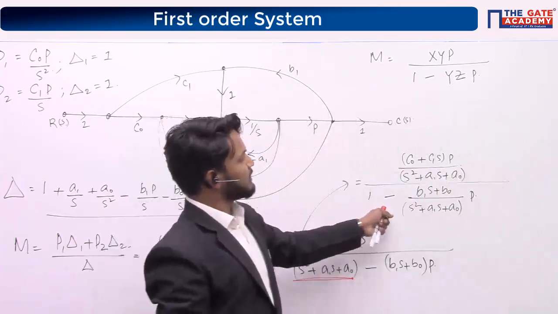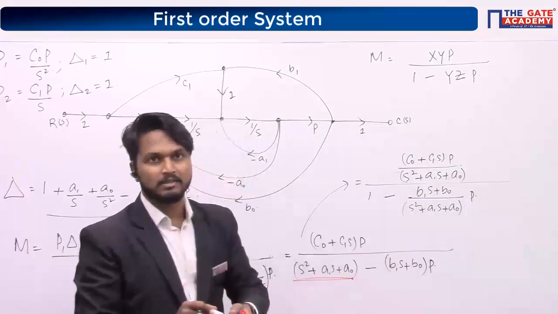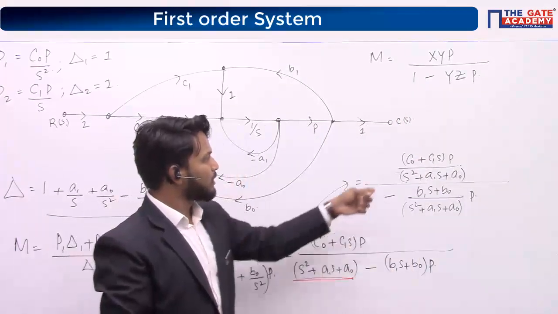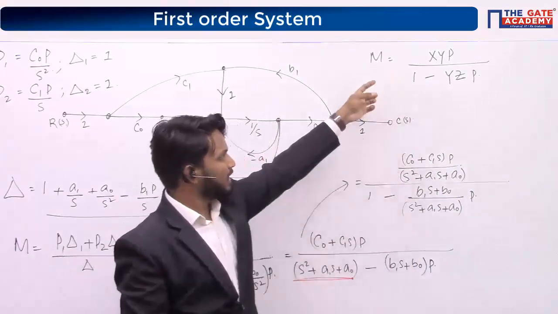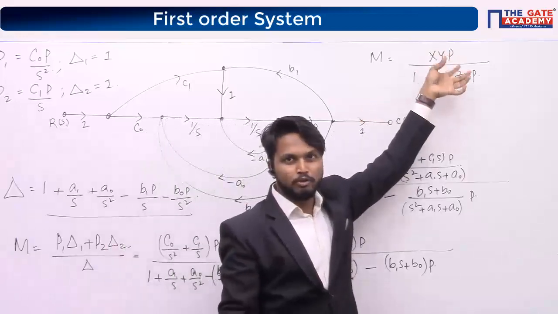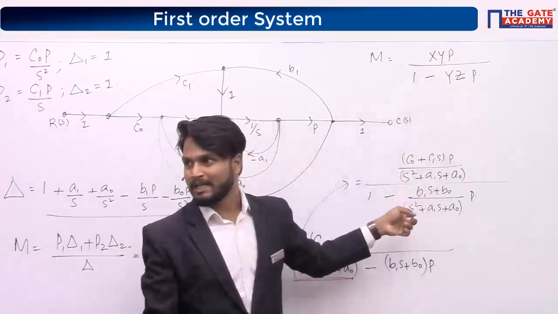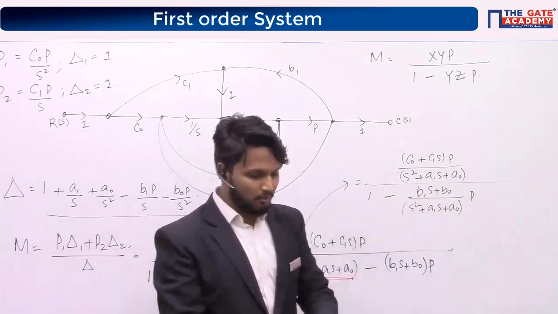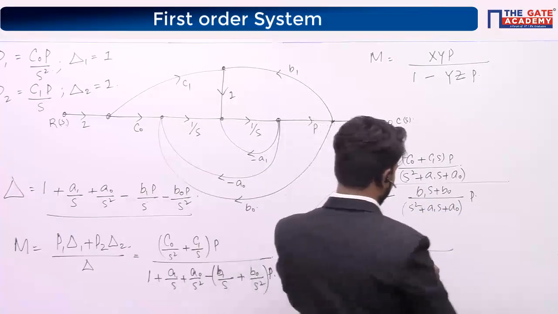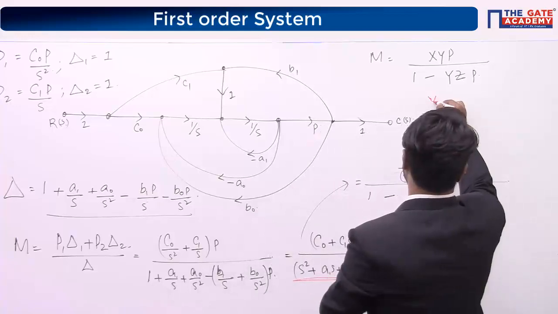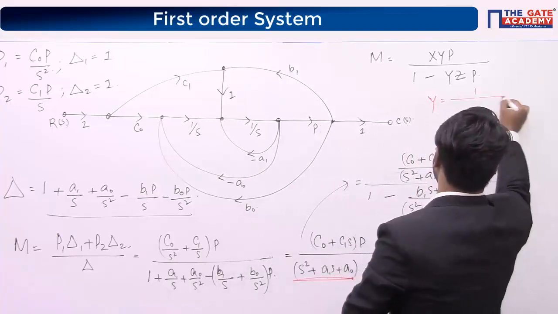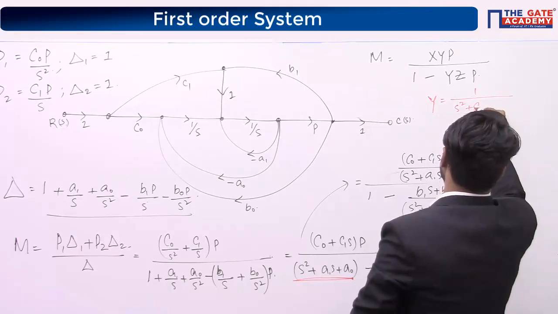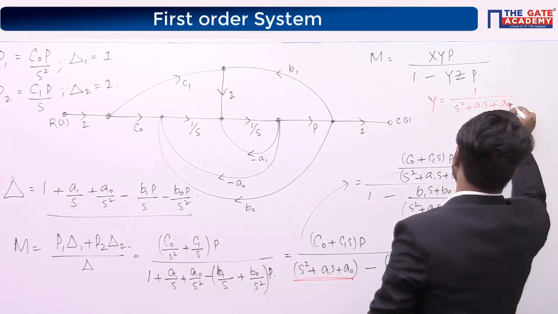So just compare this with this, you will get the answer, right? Upon comparing these two, what are you getting? See, this y is common in both numerator and denominator. So y is nothing but 1 by s² + a1 s + a0.